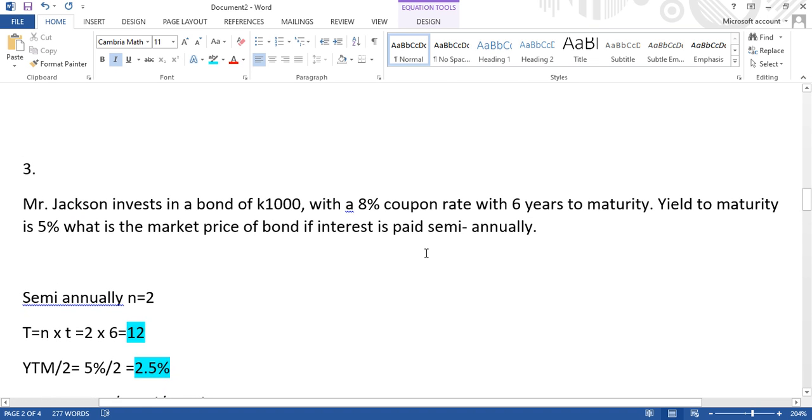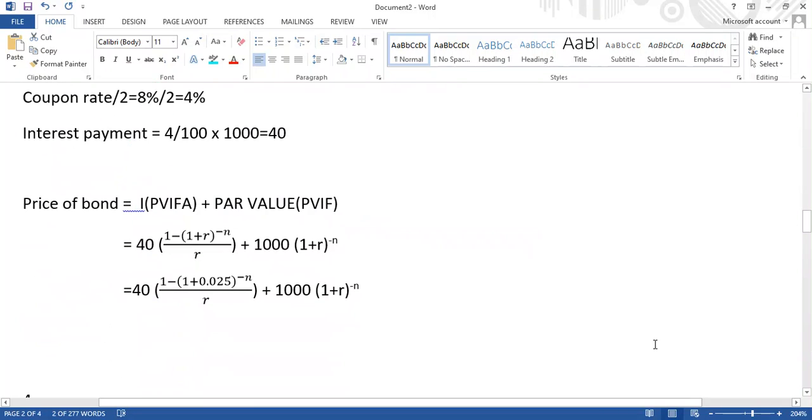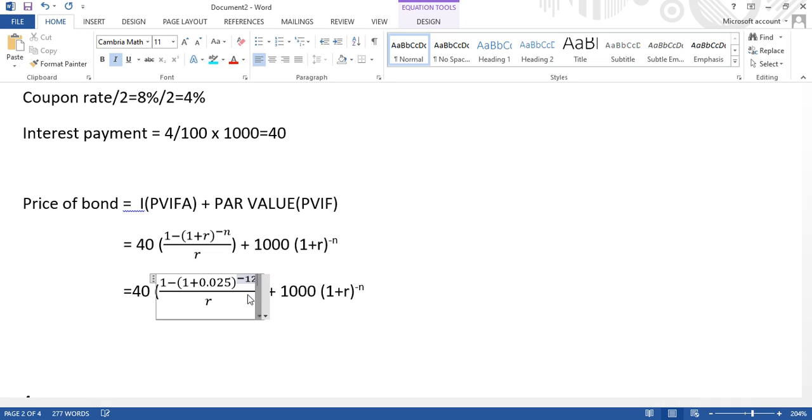If this bond wasn't paid semi-annually, it would have been 6. So in this case, n is 12.